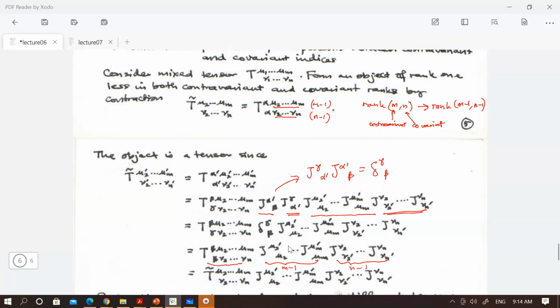So in other words, this object under transformation to the dash coordinates will have this m minus 1 and n minus 1 Jacobians. So that tells us this is just like an (m minus 1, n minus 1) rank tensor.